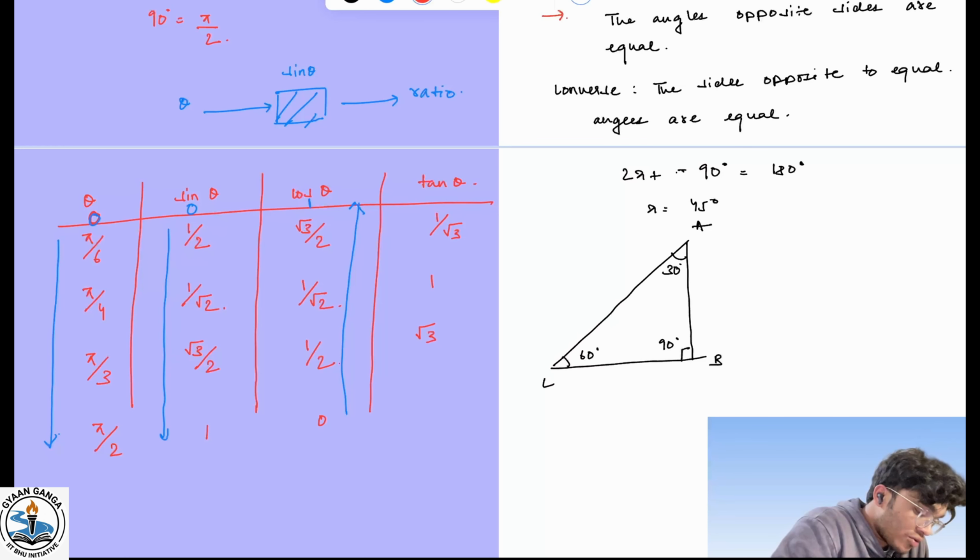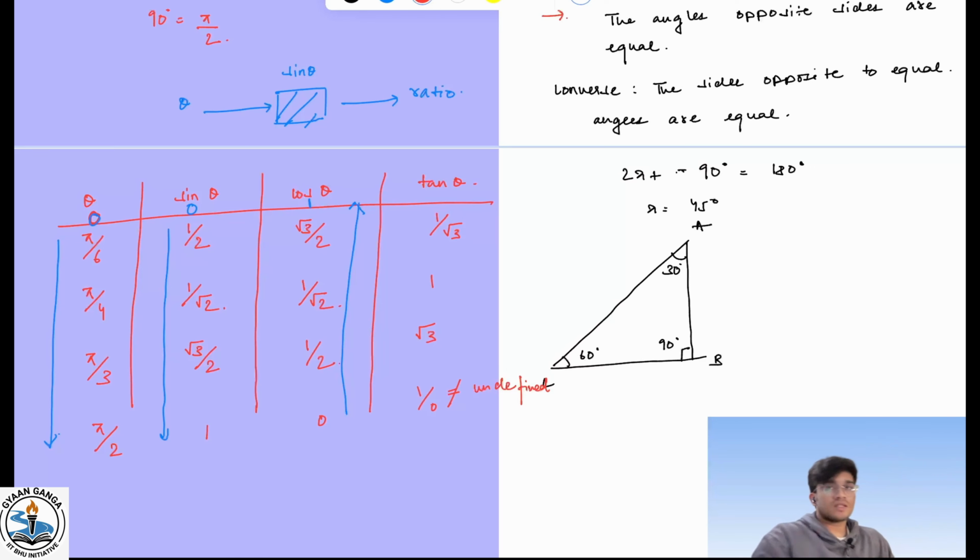And tan pi by 2 is 1 by 0, which is undefined. Often people write 1 by 0 as infinity, but a much more accurate or mathematically correct term is undefined. And obviously tan 0 is 0.